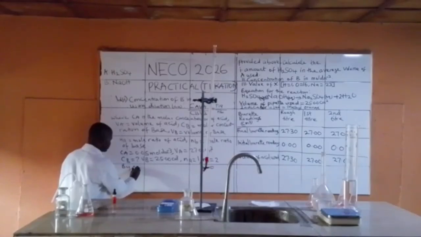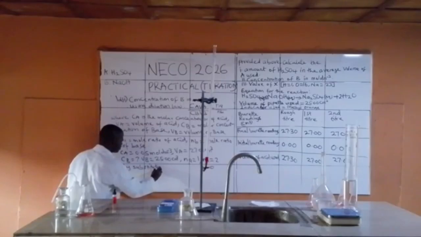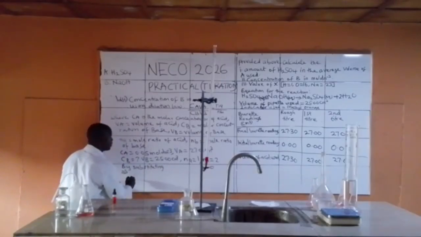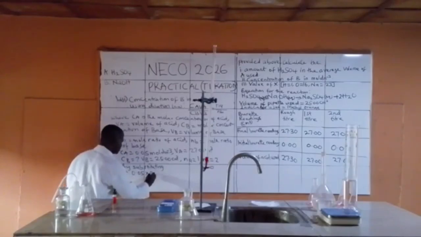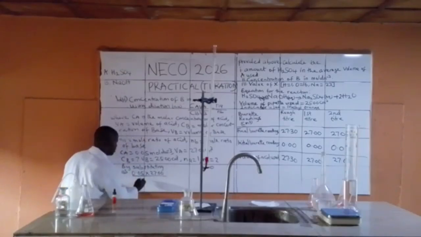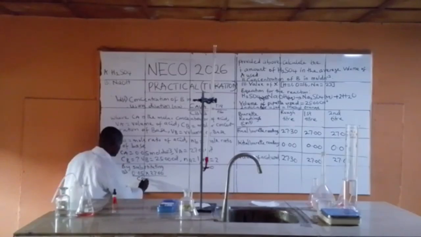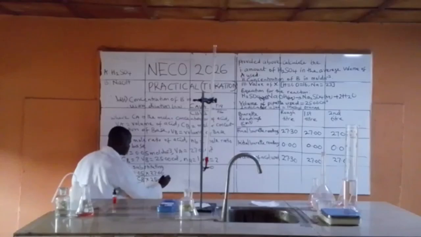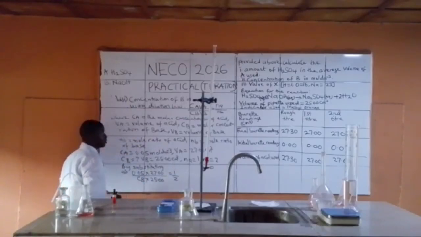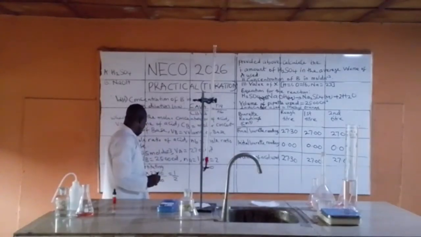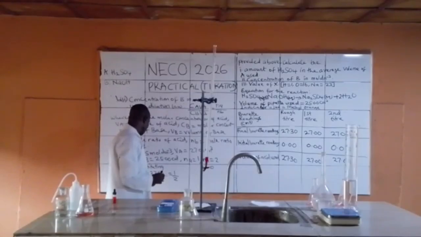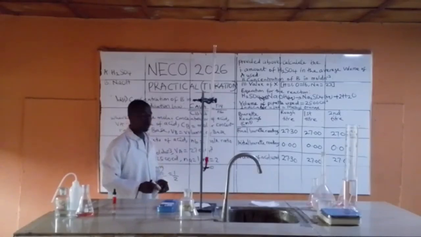By substituting, we have 0.05 times 27.00 all over CB multiplied by 25.00 is equals to 1 all over 2.